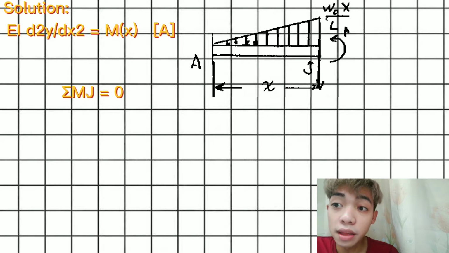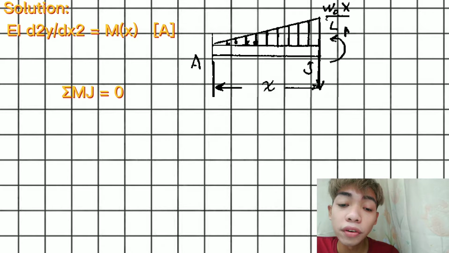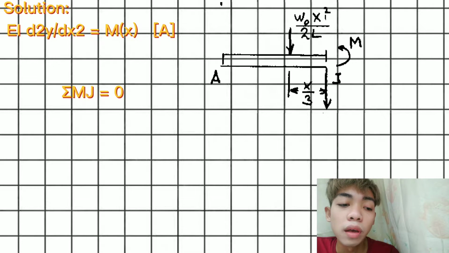As you can see, the load is uniformly increasing, so to find the moment equation we will convert it into a concentrated load. The load will be W initial x over L times x over 2 because it is a triangular load, and it will be acting at a distance of x over 3 up to point J, and the total length is x.